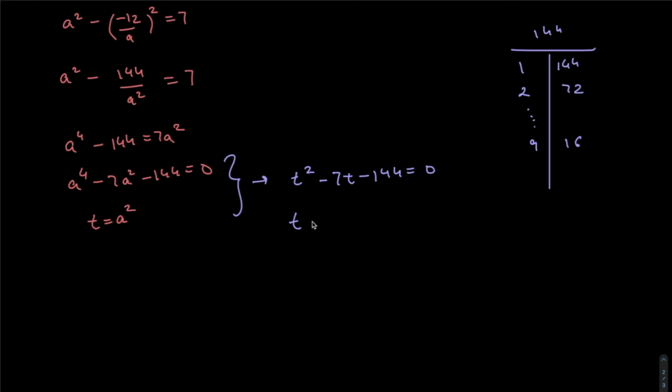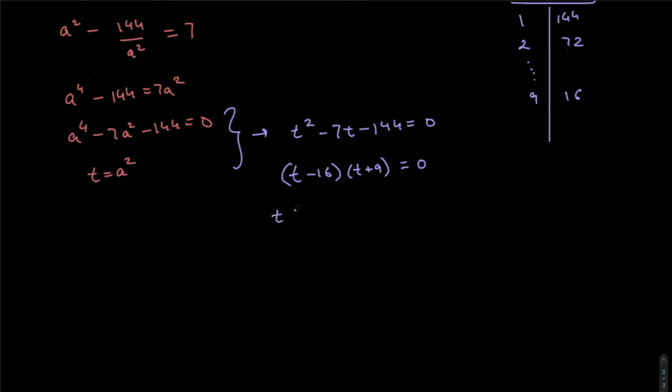So the factors here are actually t minus 16 and t minus 9 is equal to 0. Sorry, t plus 9, because I need a negative number. Hold on, let me rewrite it. So t minus 16 times t plus 9 is equal to 0.